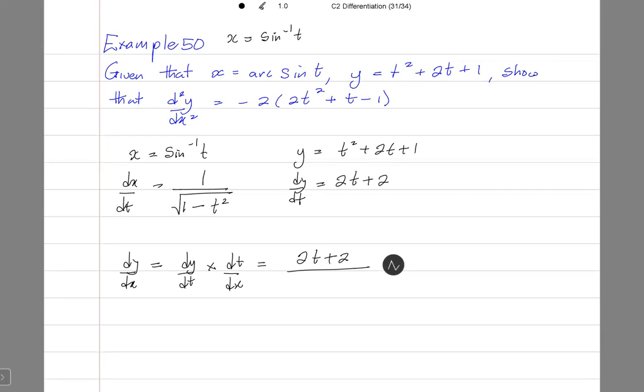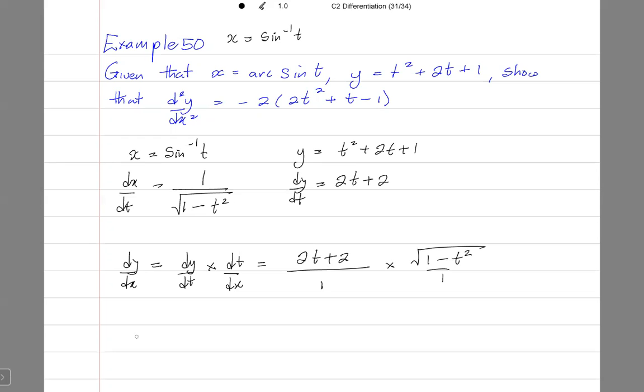over, so the reciprocal of that of dx by dt is the root of 1 minus t squared over 1.